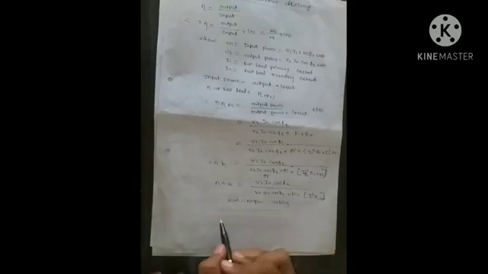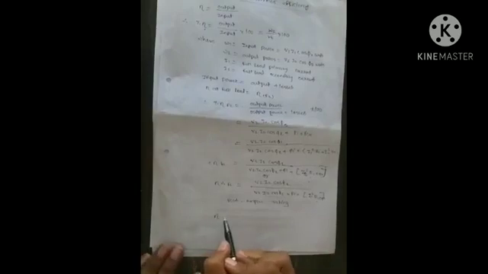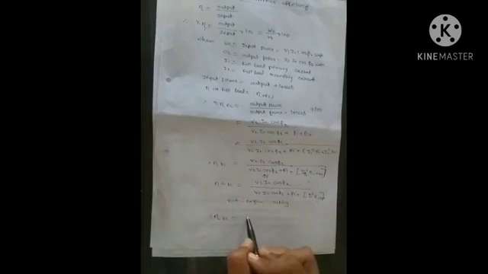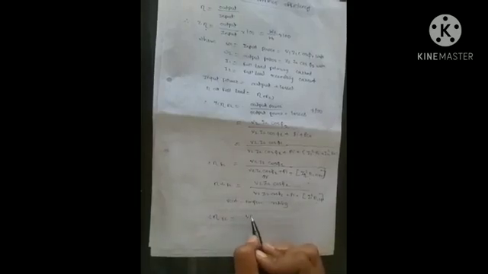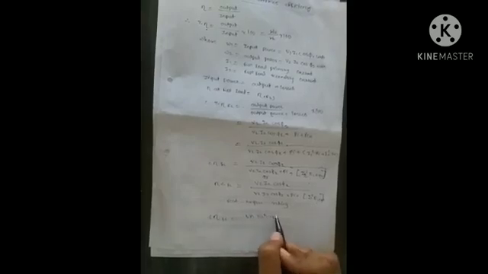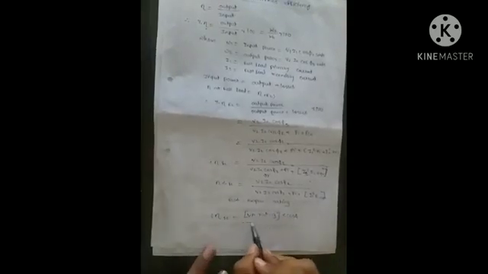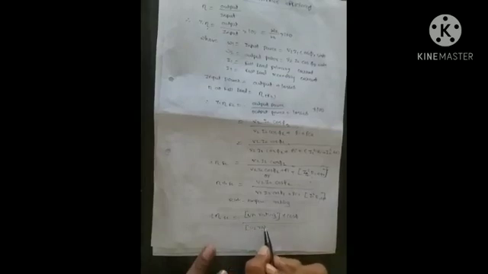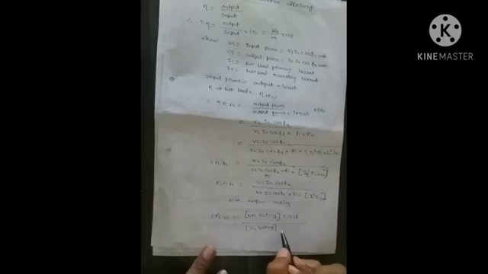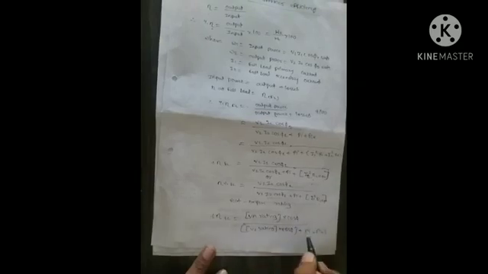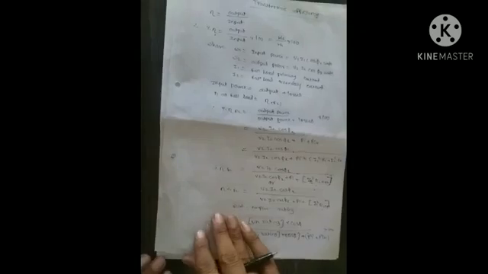The equation becomes percent eta at full load equals VA rating into cos phi upon VA rating into cos phi plus Pi plus PCU into 100.